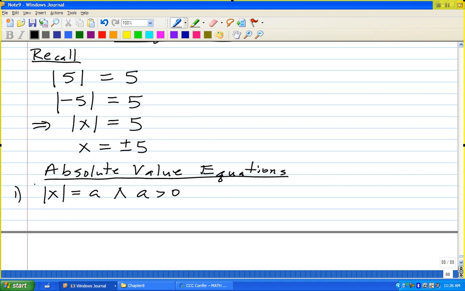Let's suppose that a is greater than 0. Then the absolute value is either equal to x or it's equal to negative x. Therefore, x is equal to a or negative a. We sometimes use the shorthand notation that I used above, that x is equal to plus or minus a. And that's how I solve an absolute value equation.